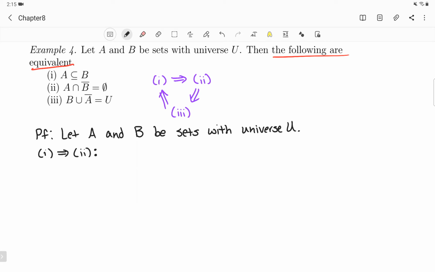All right. So that means I need to assume 1. So I'm going to assume A is a subset of B. I want to show 2: A intersect B complement is empty.